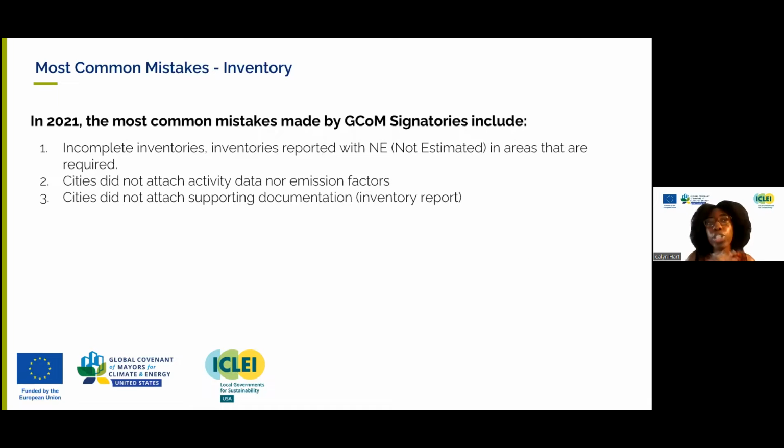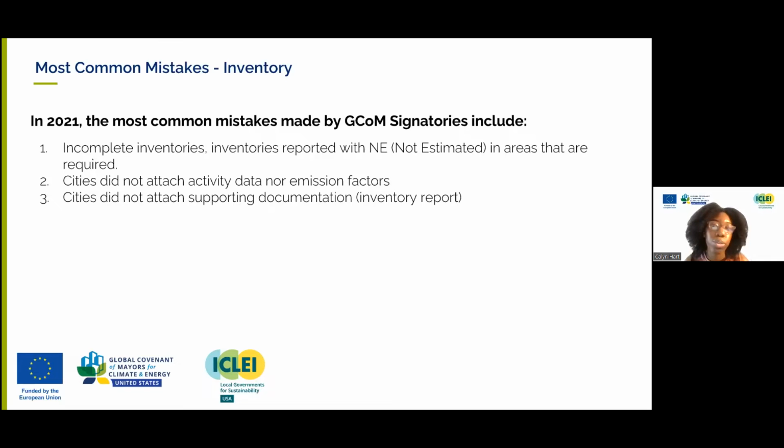So I wanted to quickly go over the most common mistakes that we have seen. This is just from 2021, the last GCoM reporting year. The most common mistakes that we've seen from communities reporting their inventory are incomplete inventories and inventories using that NE, or not estimated, notation key.